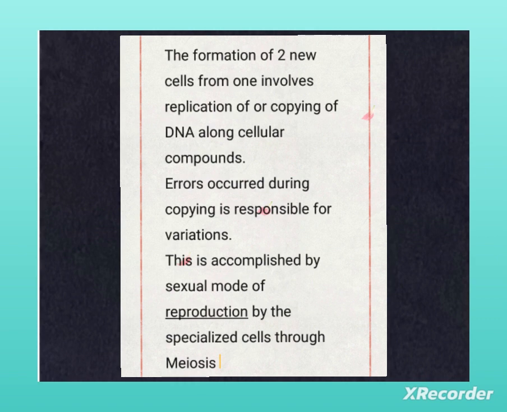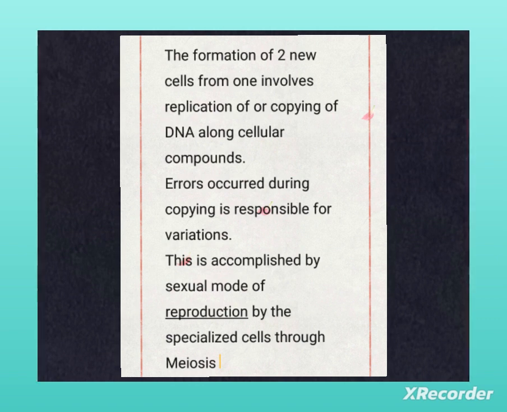So, it is necessary for the organisms to come up with more reproductive modes that generate more and more variations. This process of making variants can be speeded up by combining variations from two or more individuals.